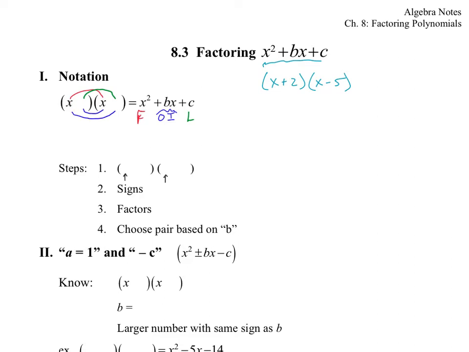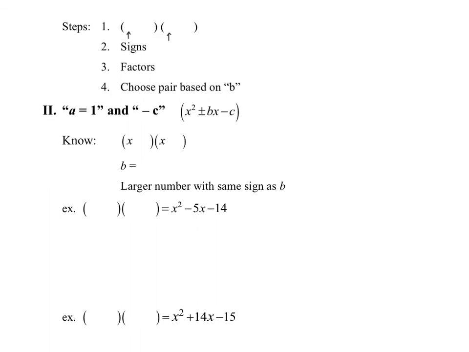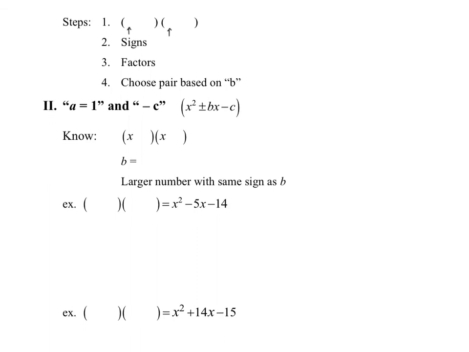Is it a plus and a plus? Is it going to be a plus and a minus? What are the signs there in the middle? Third thing, we look at what the factors are, and fourth, we choose pairs based on b, the number in front of x to the first. So let's go through and do some of these. Those steps I think will make a lot more sense as we go through and do some.